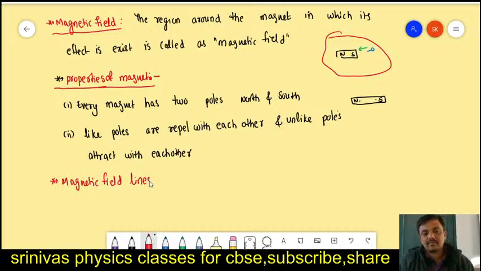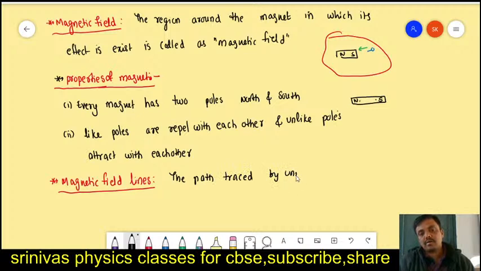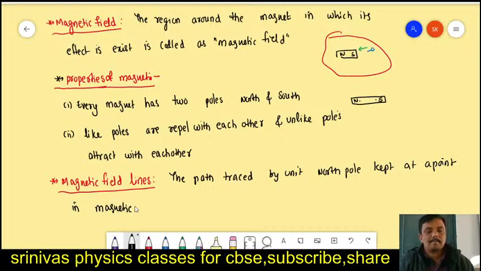Magnetic field lines means the path traced by a unit north pole kept at a point in a magnetic field is called a magnetic field line.